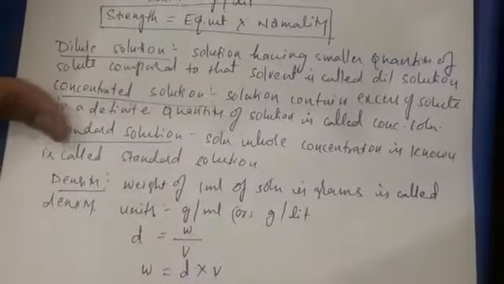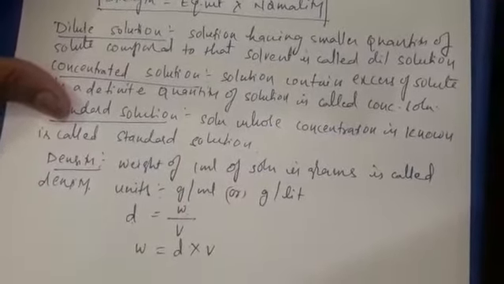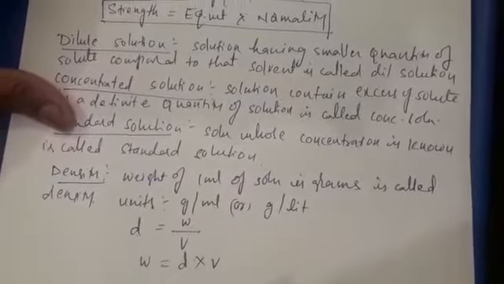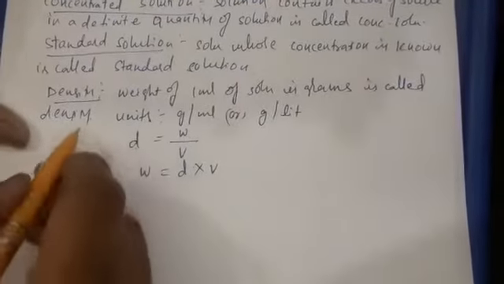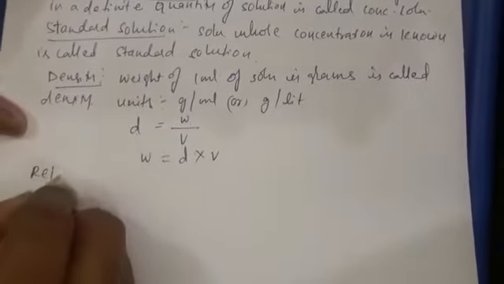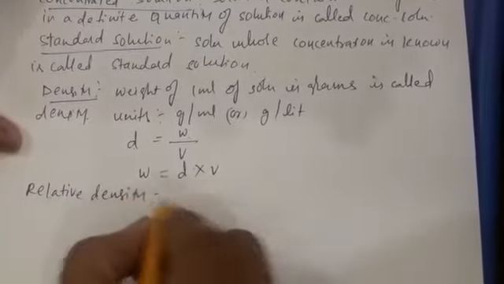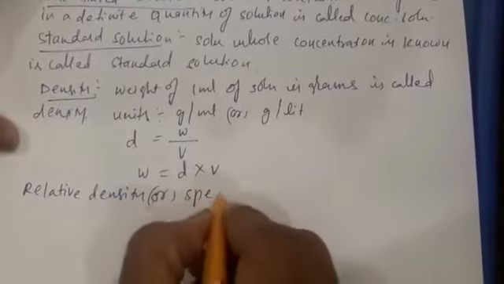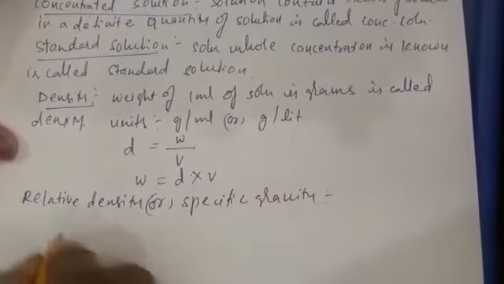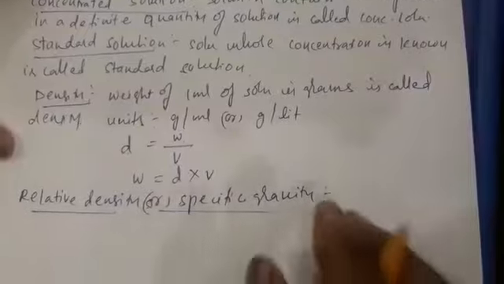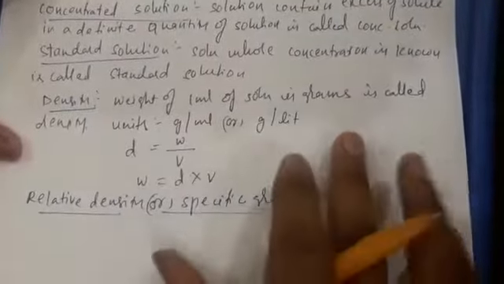Then, the ratio between the density of a solution and the density of water is called relative density, which is also called specific gravity of the solution. Relative density or specific gravity is the ratio between the density of the solution and the density of water.